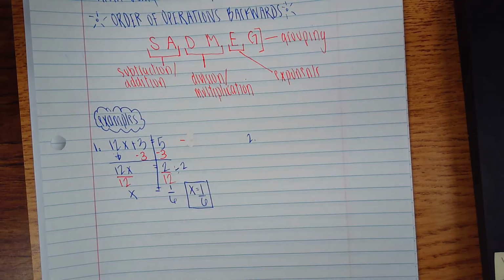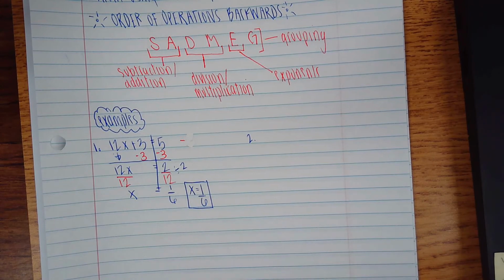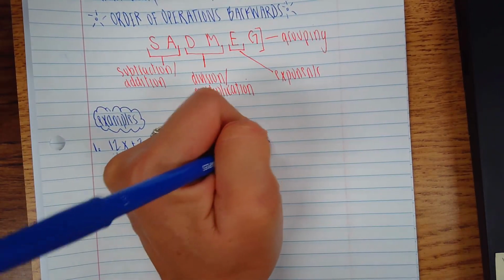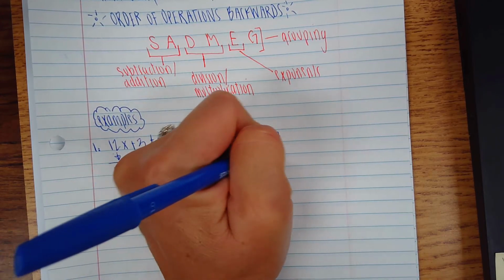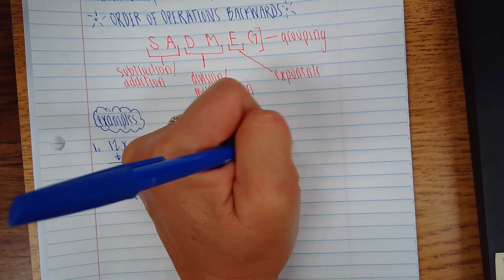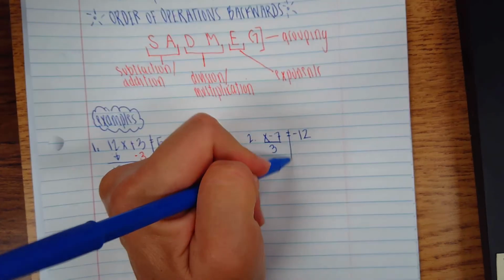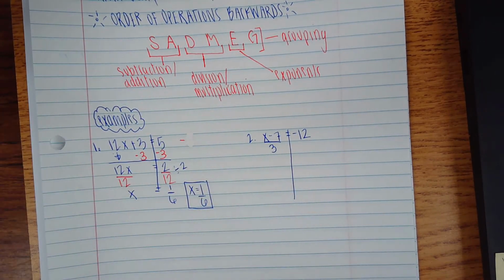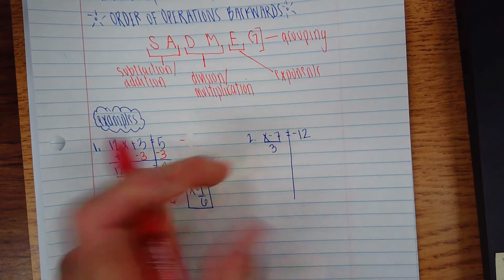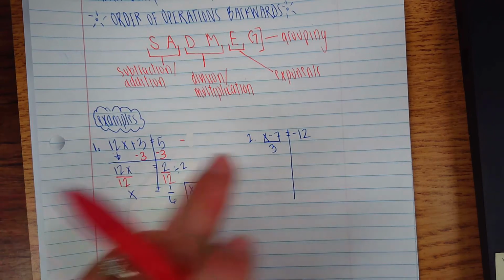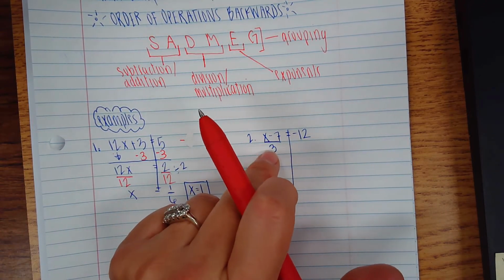Okay, let's look at this other one then. Number 2. And we'll just do 2 examples and we'll call it a day, and we'll do some more in class or on our meet. So x minus 7 over 3 equals negative 12. Okay, well, first thing, I'm going to draw my line down. All right, and then I'm seeing that there's division being done first. I can't really add the 7 to get rid of it.